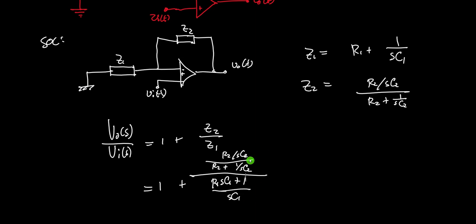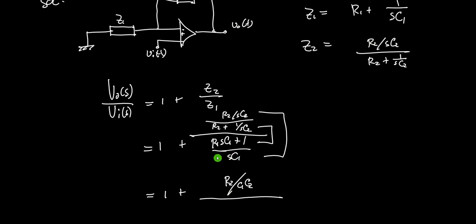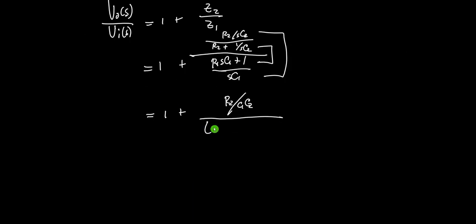Then we can first simplify this before we add it to 1. So this will be 1 plus this one times this one, R2 over S C2 times S C1. So S will cancel out, and this will be R2 all over C1 times C2, all over R2 plus 1 over S C2 times R1 C1 times S plus 1.